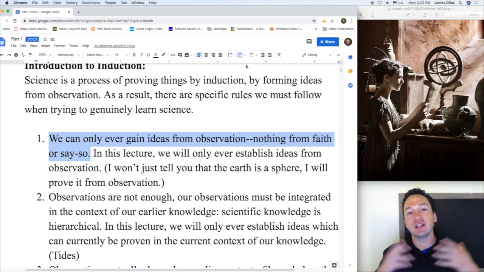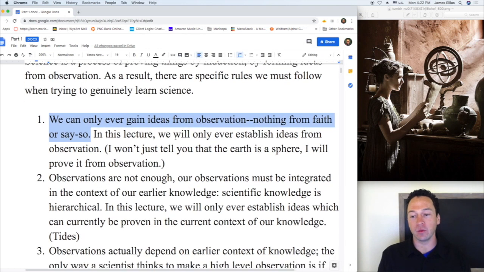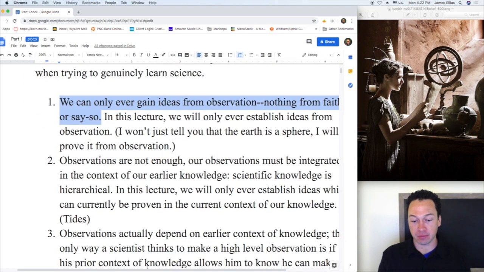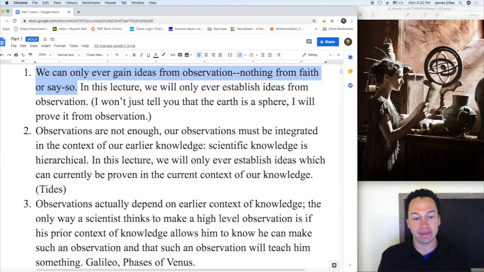So that's not really science. Most classes will not teach science scientifically in this way. They'll teach it the same way things are basically taught through faith. But this is a science class, so we will not be doing that. This is a serious class where we are actually trying to understand the principles, not merely memorize and regurgitate them.